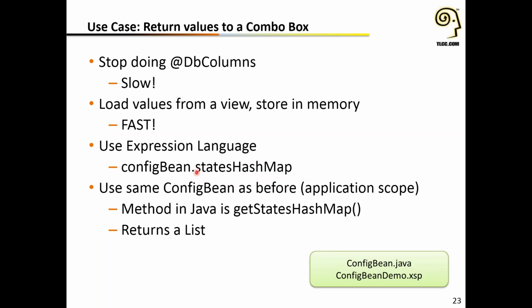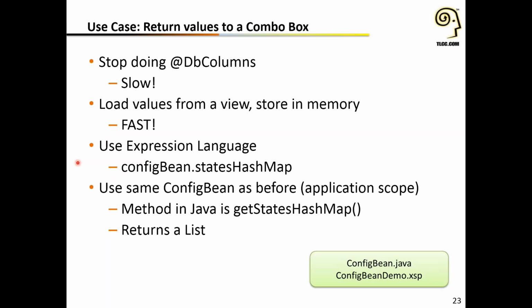But in the expression language, we drop the get part, and notice the states is lowercase s instead of uppercase. Under the covers, the XPages engine is going to be looking for a method called getStatesHashMap in the bean. So in this case, this will return a list that we can pass to a combo box. So we have an example of that.